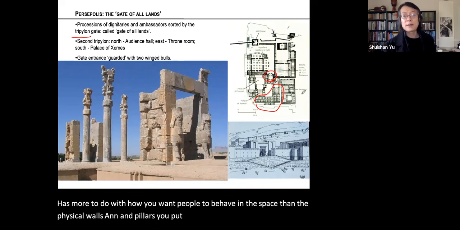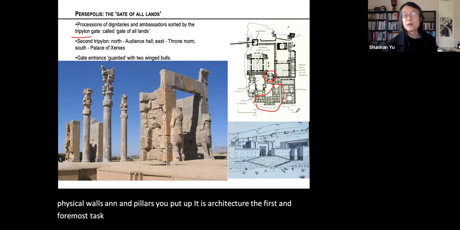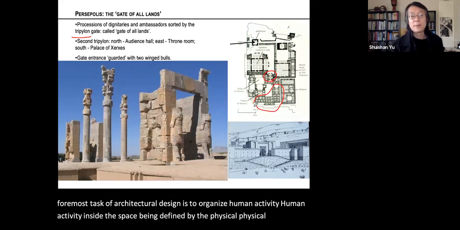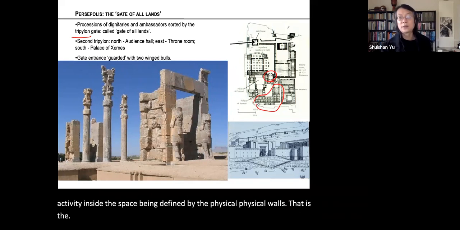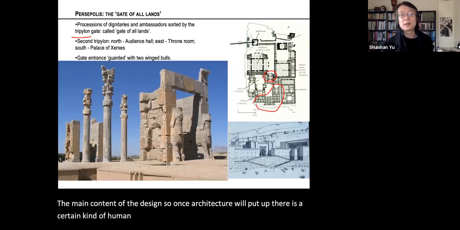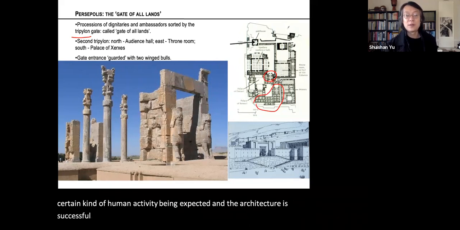The first and foremost task of architectural design is to organize human activity inside the space being defined by the physical walls. That is the main content of the design. So once architecture is put up, there is a certain kind of human activity being expected, and the architecture is successful if it produces the aimed human behavior and activity.